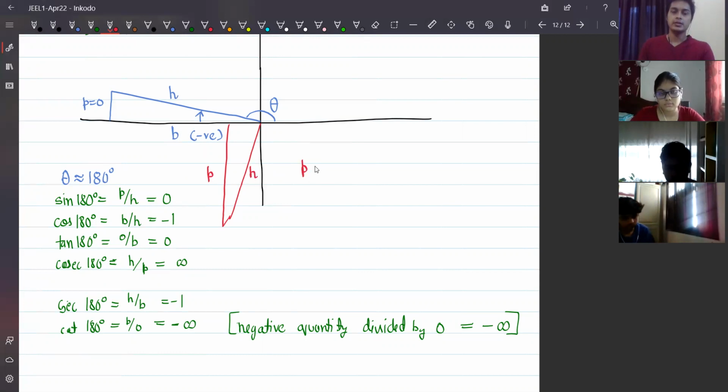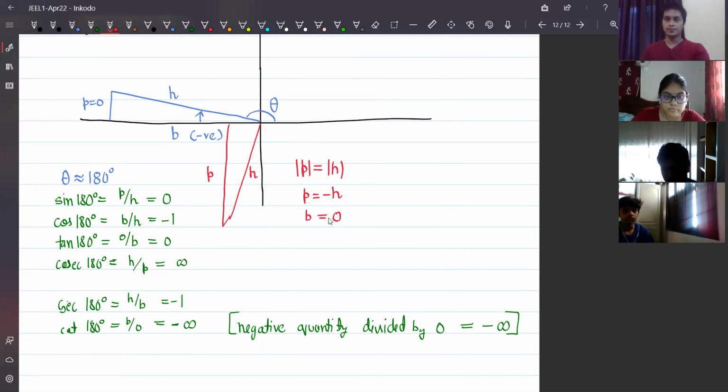The modulus of perpendicular is equal to hypotenuse, but perpendicular will be negative of hypotenuse.